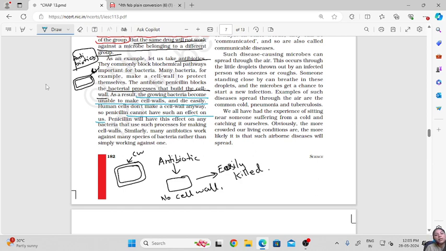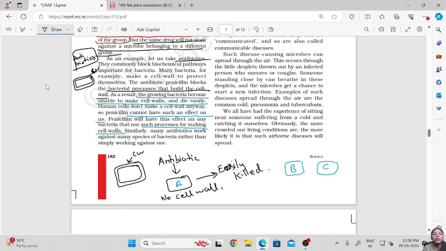Now this penicillin will have an effect on any bacteria that uses such processes for making a cell wall. Now this is one kind of bacteria, suppose A. Now suppose bacteria B and C, which are two other types of bacteria that also use similar processes to make a cell wall.